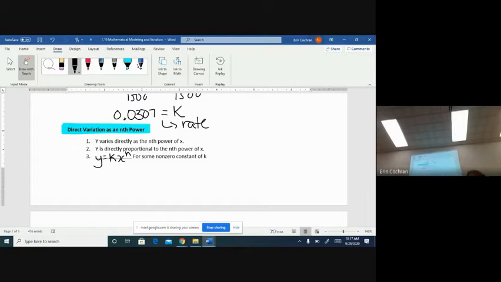So we need y equals k times x to the nth power. How do we know if it's direct variation or direct variation to the nth power? They're going to tell us a power. It's going to say squared, cubed, things like that.